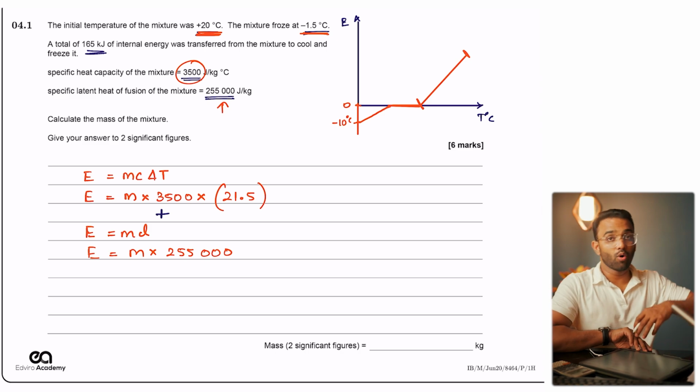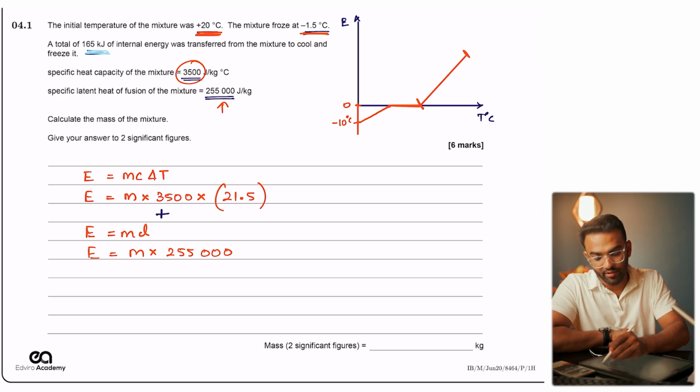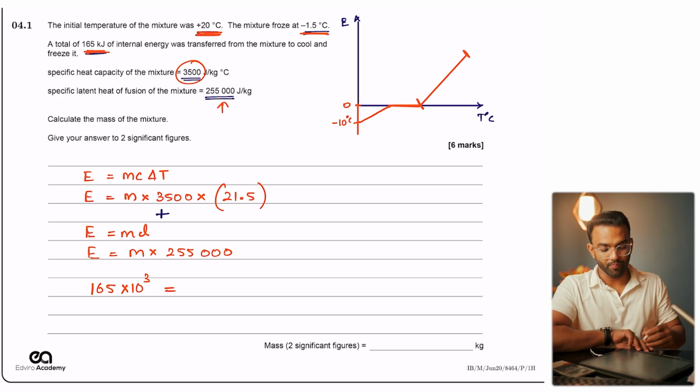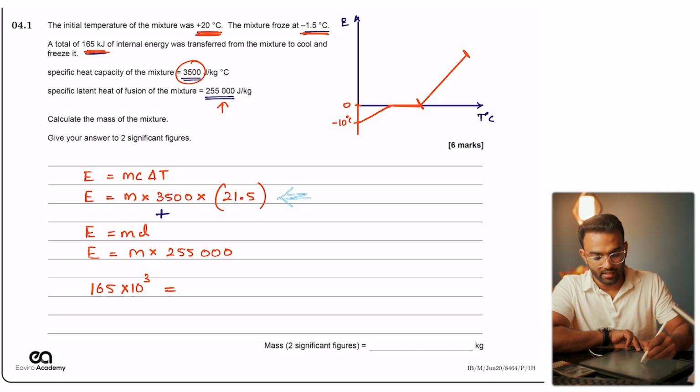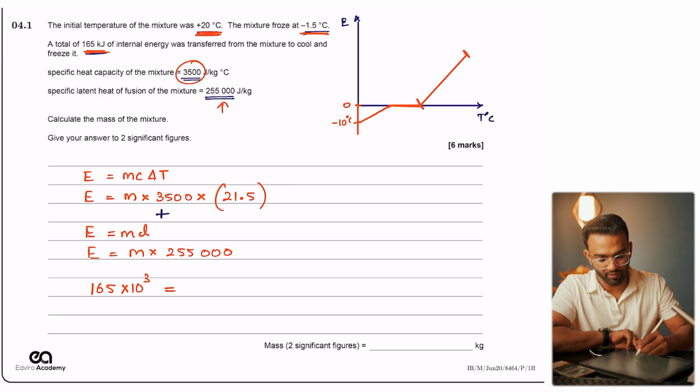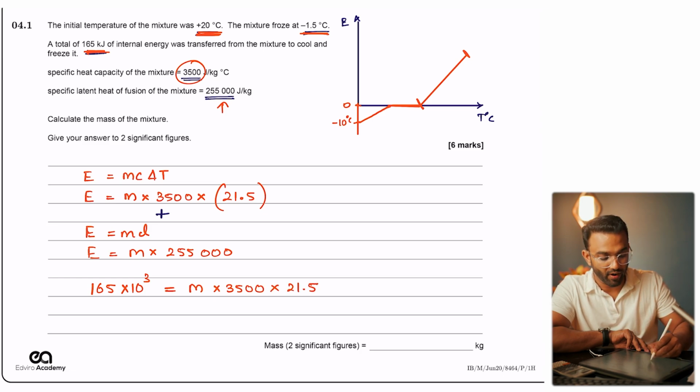So what is the total energy? It's given to you here, which is 165 kilojoules. So I'm writing 165 times 10 to the power of 3, which must equal the addition of the energy taken out to cool it down from 20 to minus 1.5, so m times 3,500 times 21.5, plus, you see, we have to add m times 255,000.